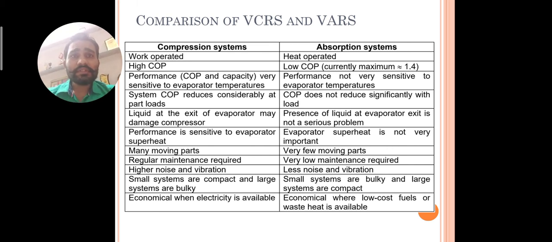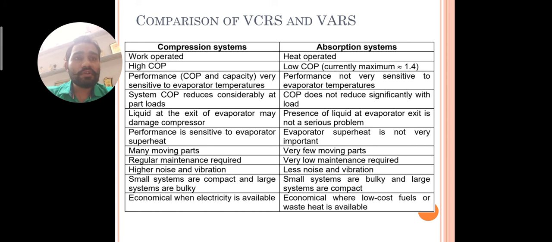The performance is very sensitive to evaporator temperature in compression, whereas in absorption systems performance is not very sensitive to the evaporator temperatures. At part loads, the absorption system's COP does not reduce significantly, whereas in compression systems there is a problem. Liquid at the exit of the evaporator may damage the compressor.